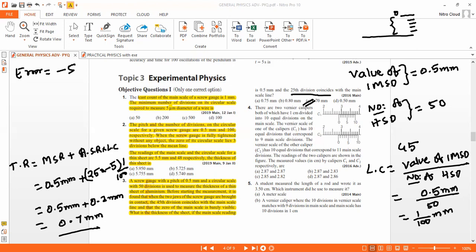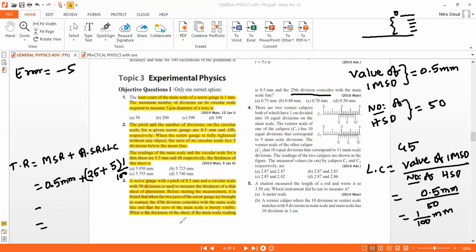Wait. Where did we make a mistake? The HSR. Wait. The error will be minus 5 now, so the correction is 25 plus 5.